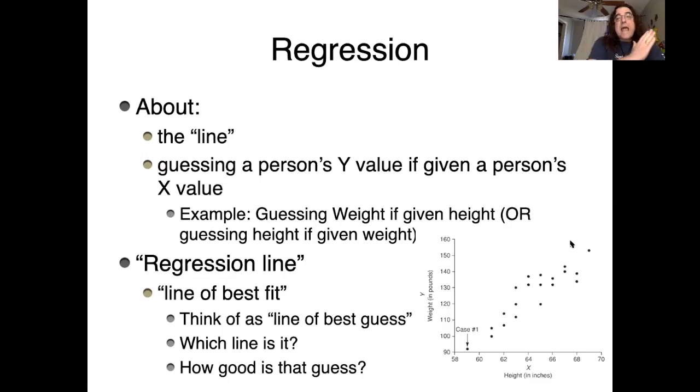So x is going to be given, but the y dimension is the one that's going to involve the uncertainty that we're dealing with when it comes to making a prediction or having the best line. The line that we're going to draw then is the one that fits all of those points the best, while minimizing the amount of vertical error between the guess and the actuality that are represented by the dots in the scatter plot.